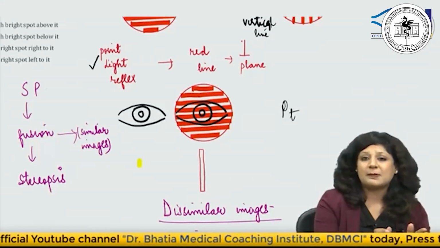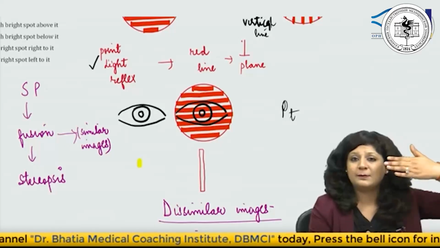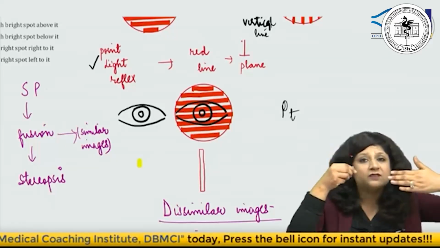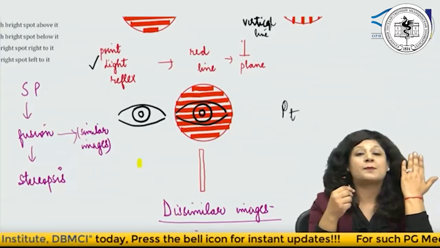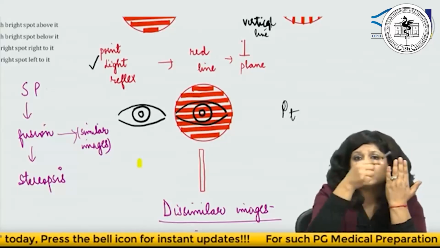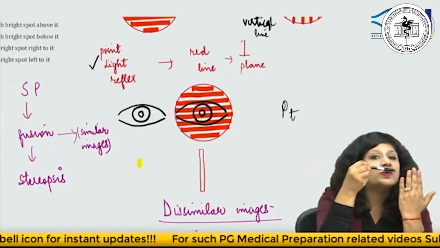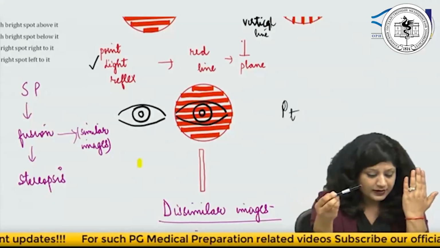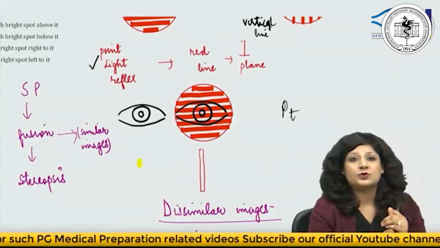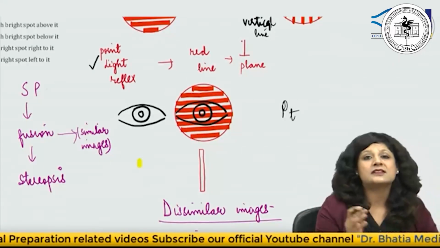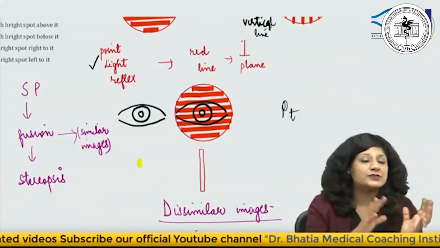So if I am suspecting a horizontal squint, I will keep it horizontally and the patient will see a vertical line. If I am suspecting a vertical squint, I will keep it vertically and then the patient will see a horizontal line.